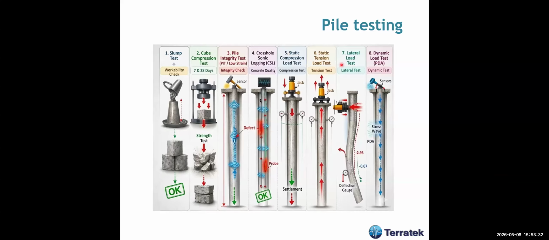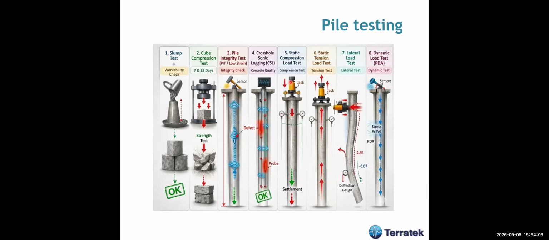The most common test is a static compression test, in which we use a jack and we have a load cell, and we measure the pile displacement with dial gauges here. One important aspect of this kind of test is that we should never measure the loads through the hydraulic jack. We should always use an electrical load cell.